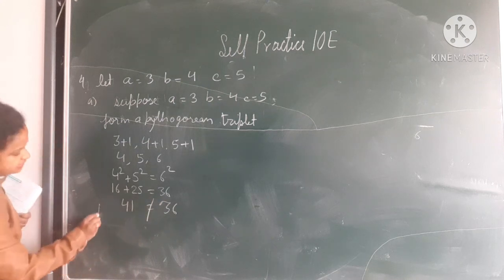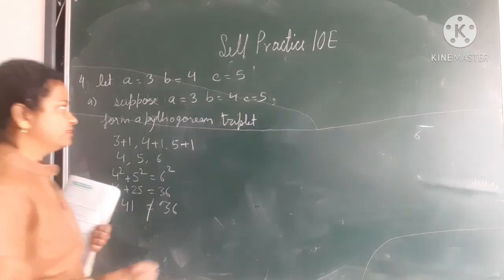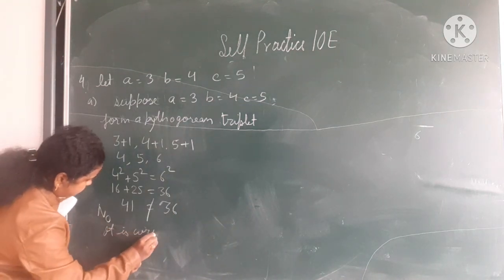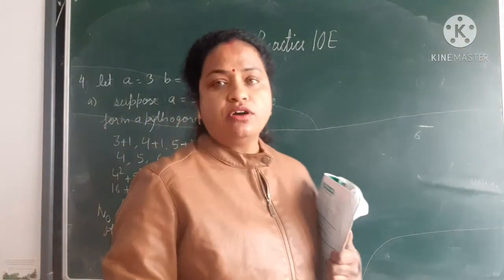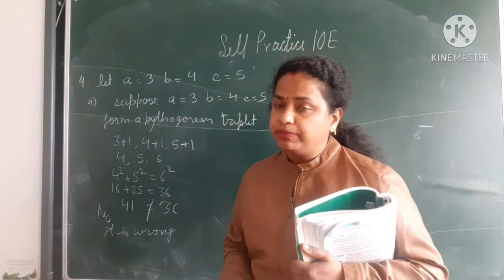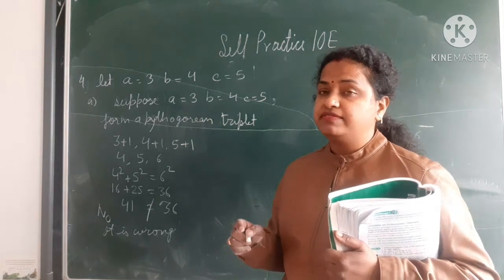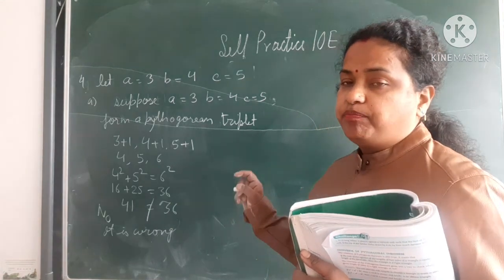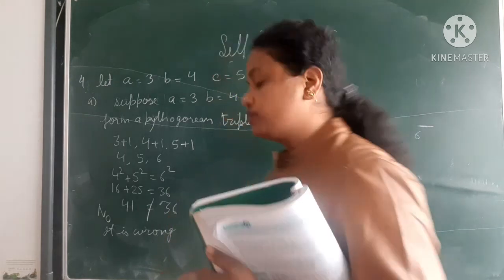No. That means this is wrong. It is not necessary that if A, B, C are a Pythagorean triplet, then A plus 1, B plus 1 and C plus 1 are also one. So this supposition is wrong, and you will say it is not possible.